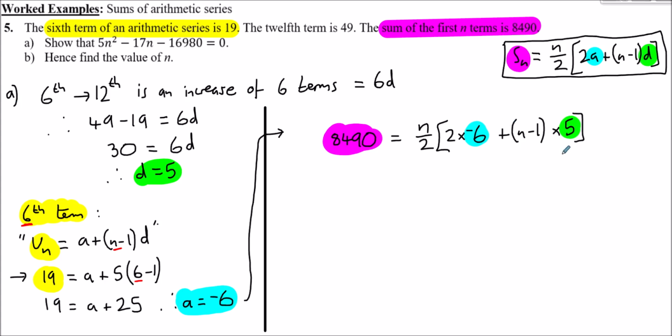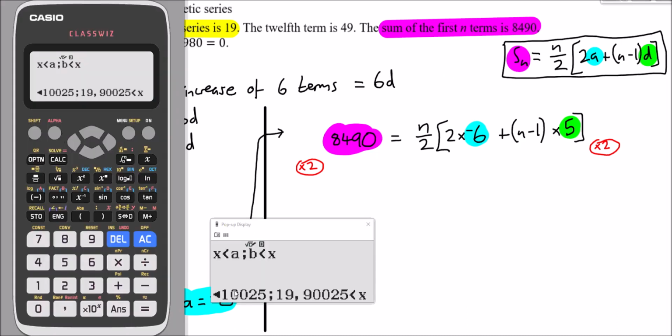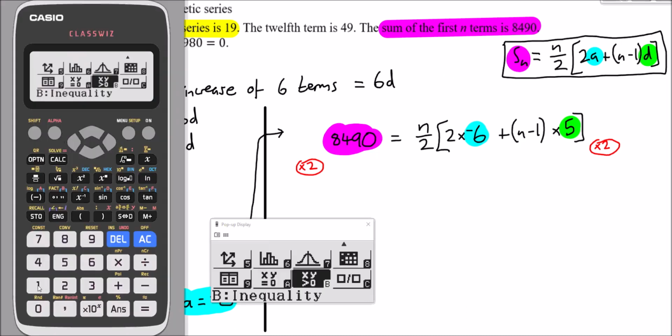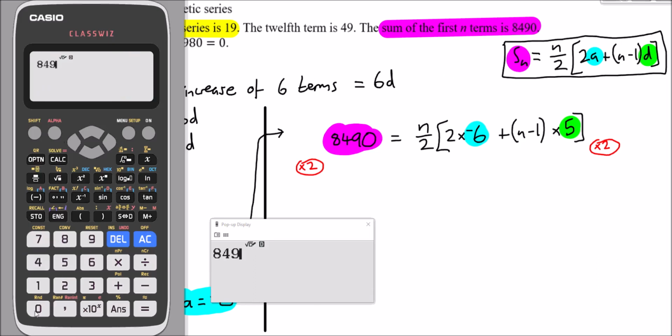So we can now set about proving part A. So if we now multiply both sides by 2, what's 8490 times 2? Well, let's see. 8490 multiplied by 2 gives us 16980.